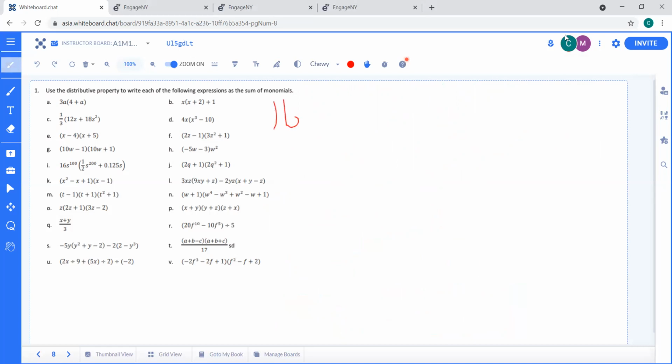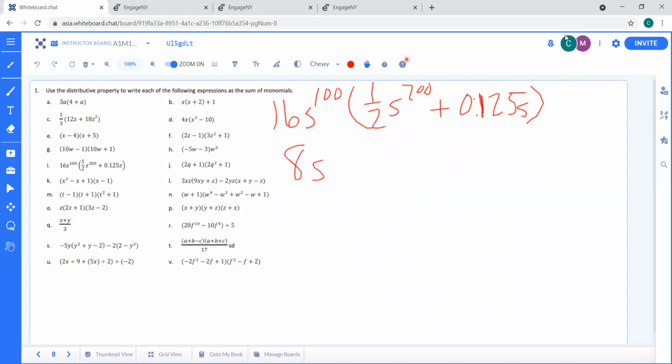Okay, 16 f to the 100 times 1/2 f to the 200 power plus 0.125 f. Now y'all look just freaked out. Michael's done crying over this. But 16 times 1/2 is 8. And what's 100 plus 200?